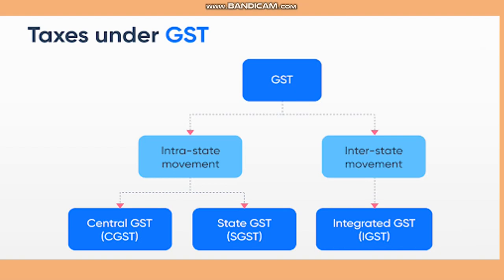If it is sold in Chennai, it is intrastate movement which attracts CGST, SGST, whereas if it is sold to Delhi, it is called interstate movement, and it attracts Integrated Goods and Service Tax, IGST.